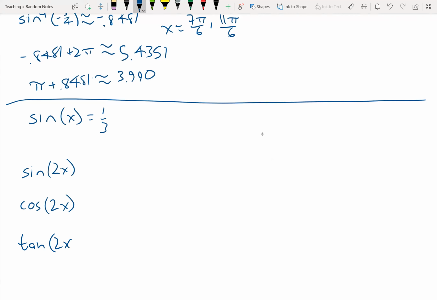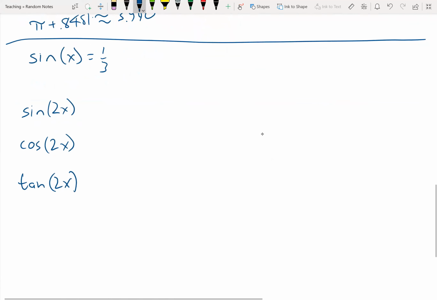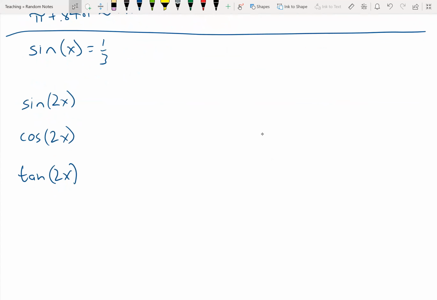Now, there's 3 versions of the cosine formula because of the Pythagorean identity. One version is cosine squared x minus sine squared x. One is, if I change sine squared to 1 minus cosine squared, I get 2 cosine squared x minus 1. Or if I change cosine squared to 1 minus sine squared, I get 1 minus 2 sine squared of x.